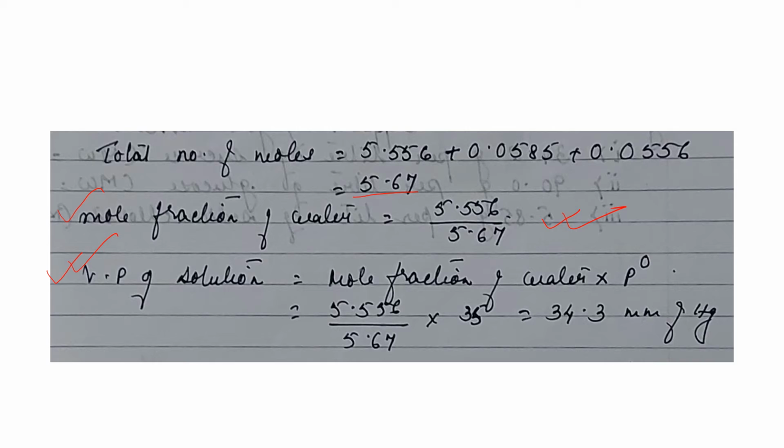So mole fraction of water is 5.556 by 5.67 into vapor pressure of pure water, which is given as 35. By calculating, we are getting 34.3 millimeter of mercury as the vapor pressure of the solution. This is the answer.